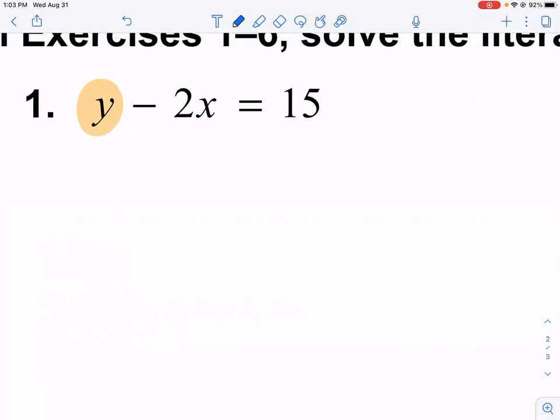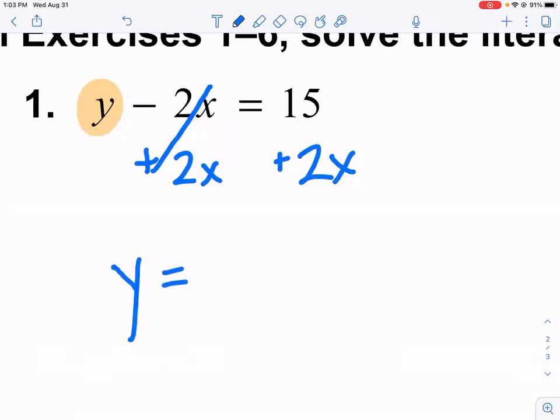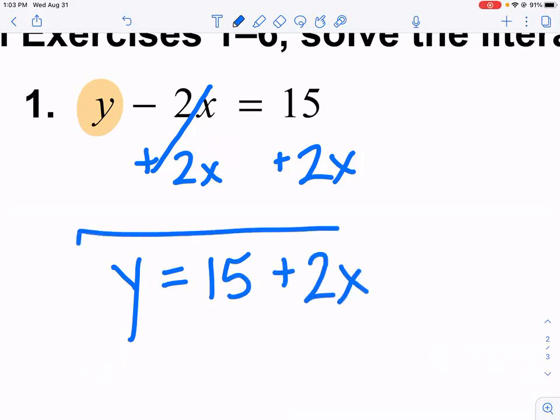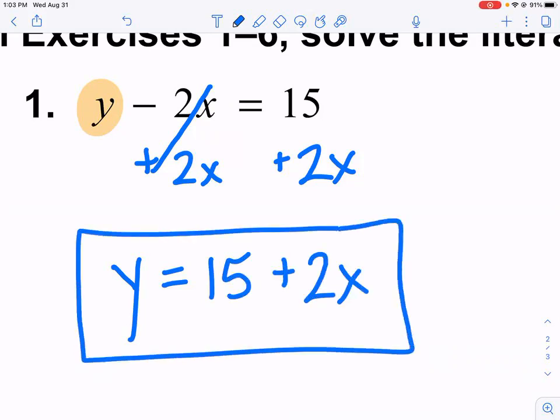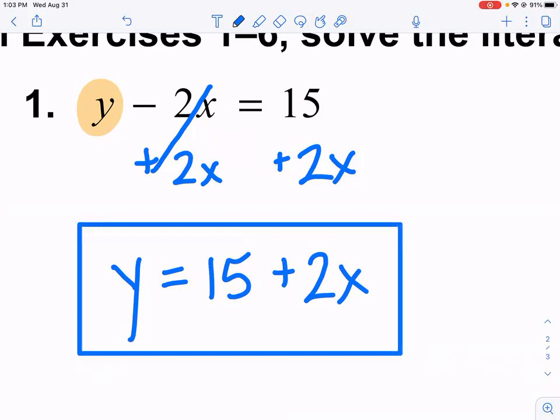It's being subtracted. So what's the inverse operation of subtraction? Okay, so we are going to add 2x to both sides. So this goes away. And we have y equals 15 plus 2x. Hey, we totally solved for y.